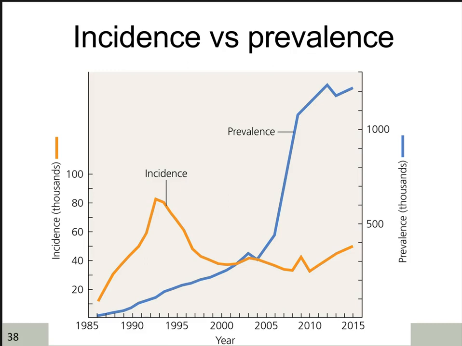So here we have some more vocabulary: incidence versus prevalence. In the case of incidence, what we're looking at is the number of new cases that occur of any one particular disease. And in the case of prevalence, we're looking at the total number of cases that occur for any particular disease.